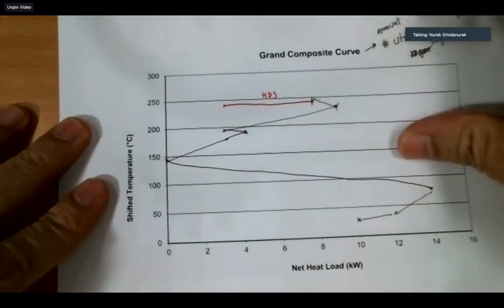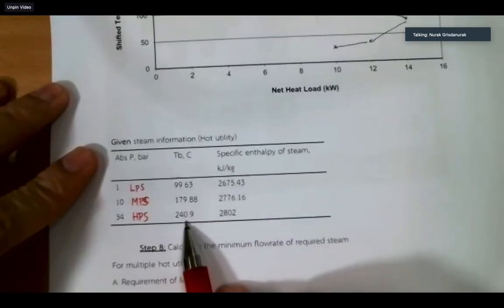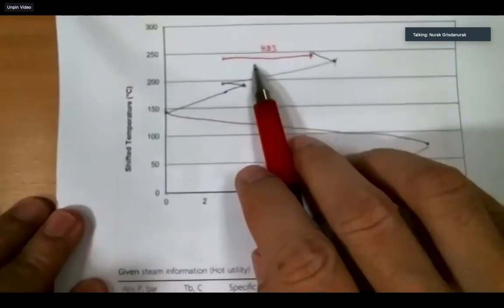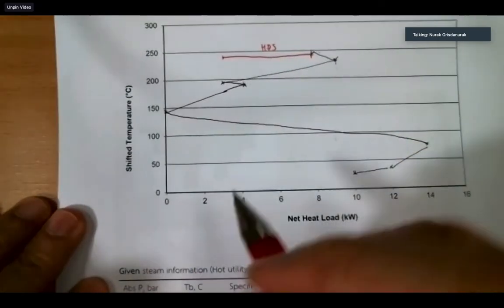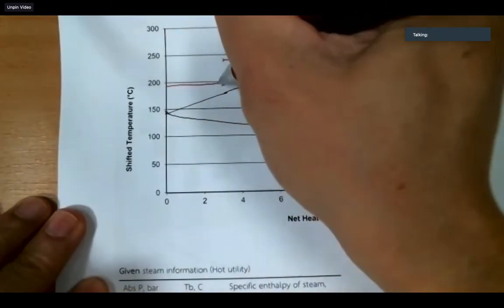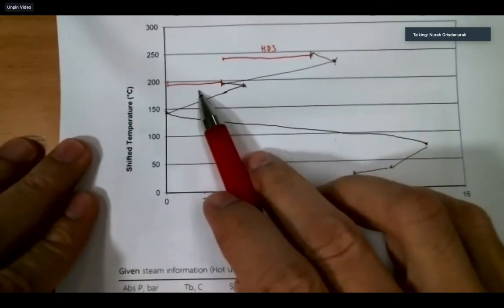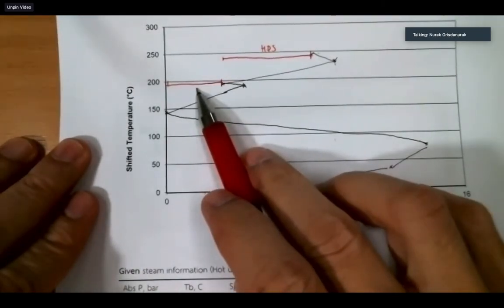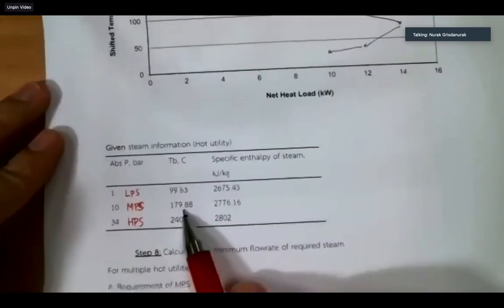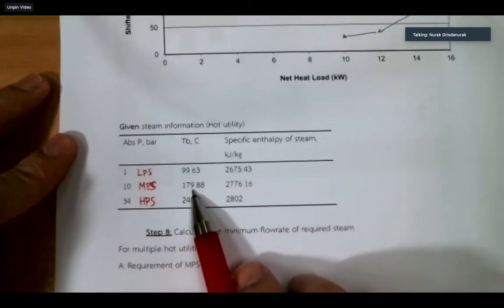High pressure steam ให้อุณหภูมิ 240 degrees Celsius. So this is for high pressure steam. How about this point? Temperature is 190 degrees Celsius, right? So that suits medium pressure steam.